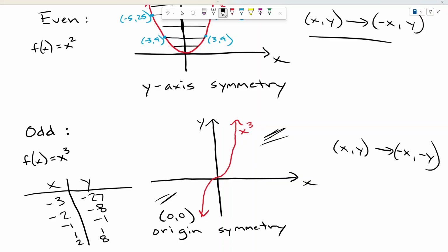So that's how we know that we have symmetry about the origin here. If we plotted a point here and a point here, we'd see we are indeed symmetric.